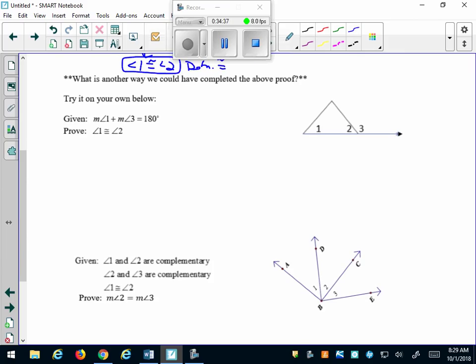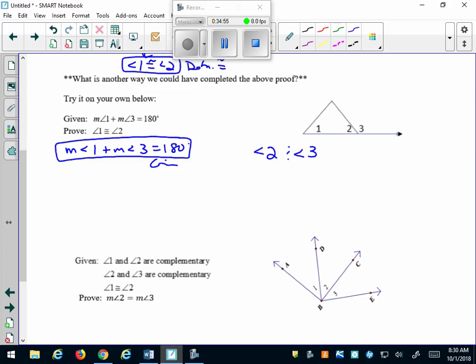But now I'd like to show you this proof keeping in mind that we have this new theorem called the congruent supplements theorem. We're going to start the exact same way. Angle 2 and angle 3 are supplementary, linear pair postulate.